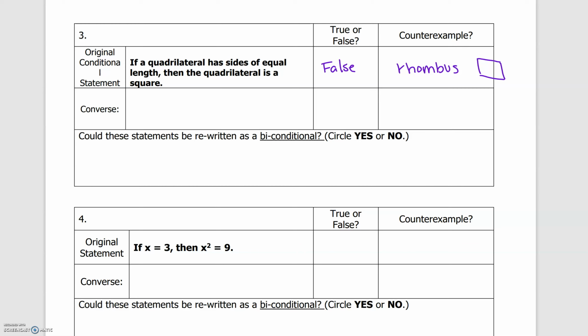So if we wrote our converse, it would be if the quadrilateral is a square, then it has equal side lengths. And that is true. But we cannot write a biconditional if that's false and that's true.